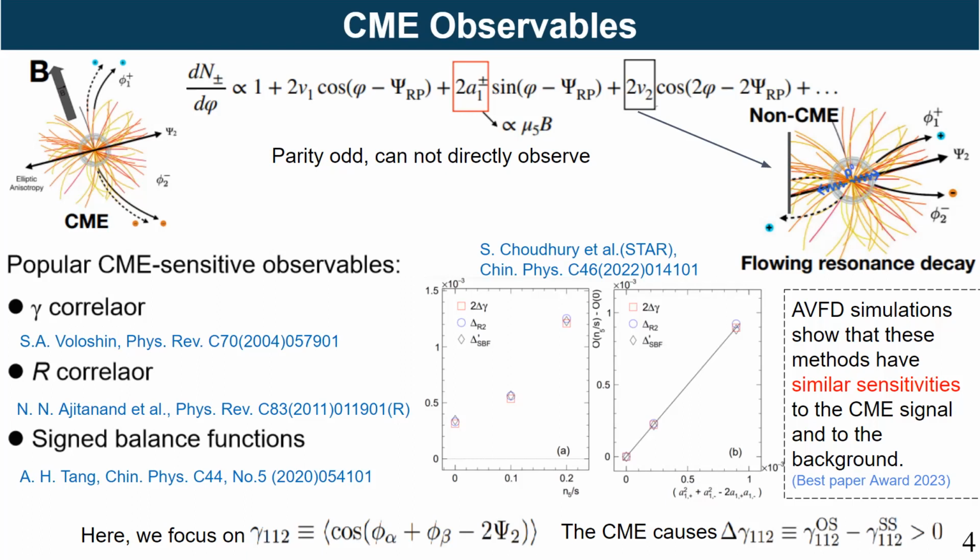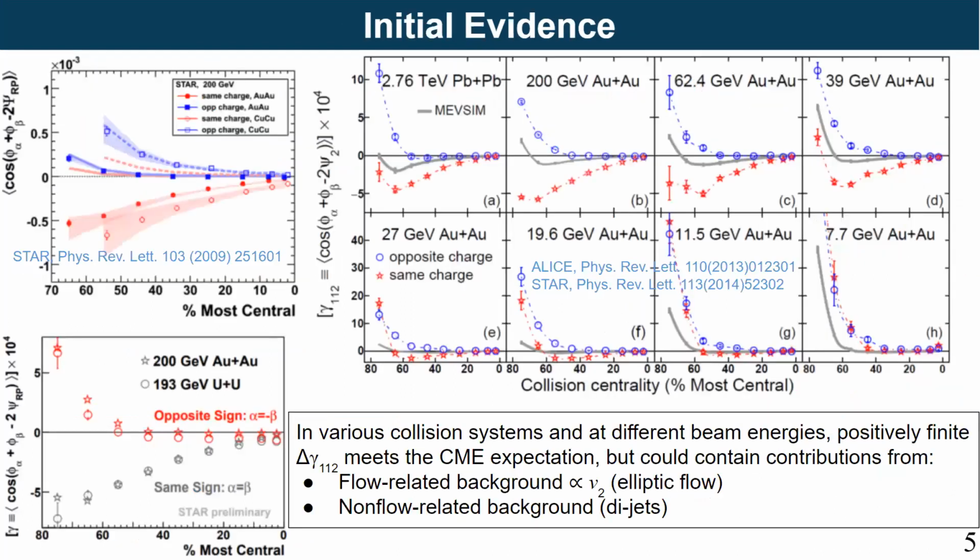If there is a CME, it will make delta gamma, which is opposite sign minus same sign, positive. Although when you see it's positive, it doesn't necessarily mean it has to be CME. It could be some non-CME background, which is the thing I want to deal with. But in the following slides, I just focus on this observable because it's the simplest and most widely used.